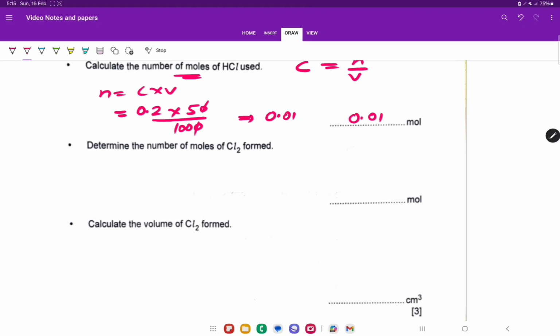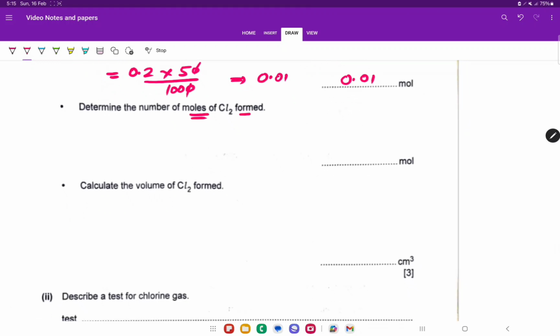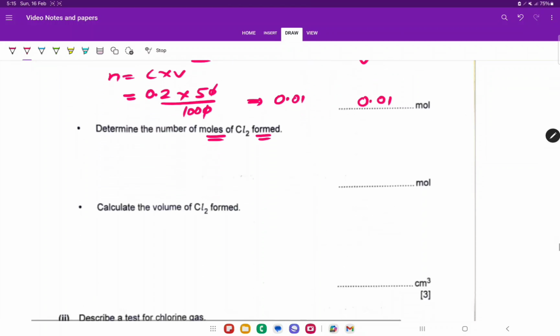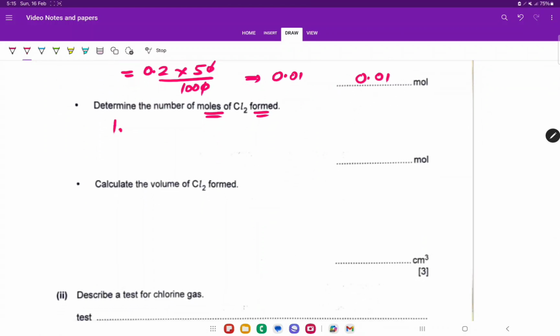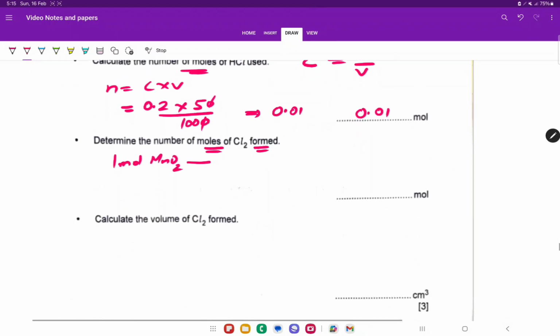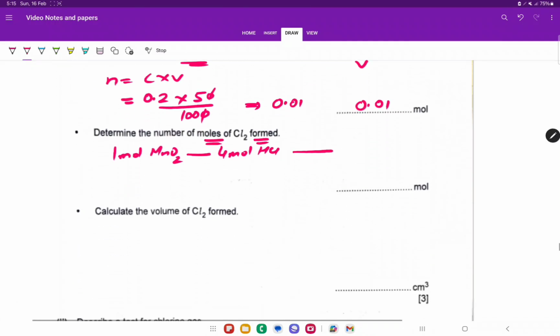Now determine the number of moles of chlorine formed. According to this equation, 1 mole of MnO2 reacts with 4 moles of HCl, and gives us 1 mole of chlorine.